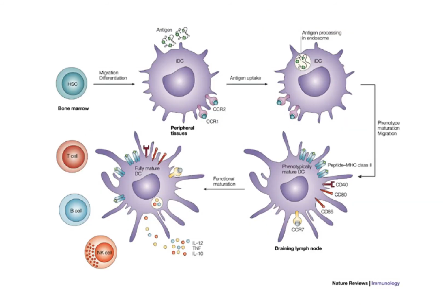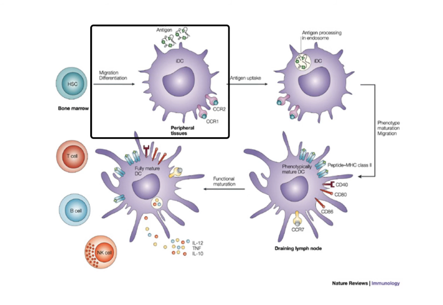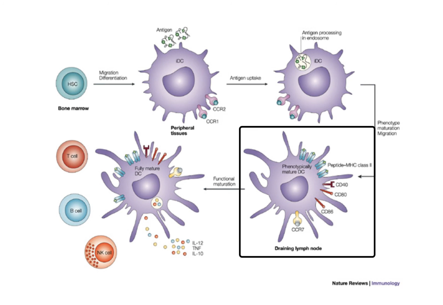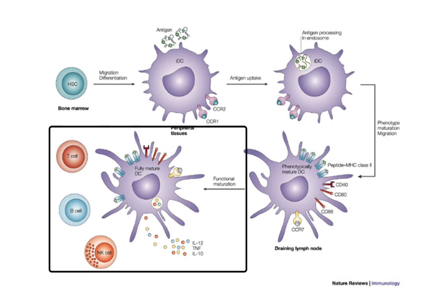So their developmental pattern is this. You start in the bone marrow with this hemopoietic stem cell. There's differentiation into a dendritic cell. They take in the antigen and process that and put out tiny pieces of that on their MHC receptors. And then they have other receptors on them as well. So they're presenting the antigen here, but they have other receptors that have to attach to different types of cells in the immune system.